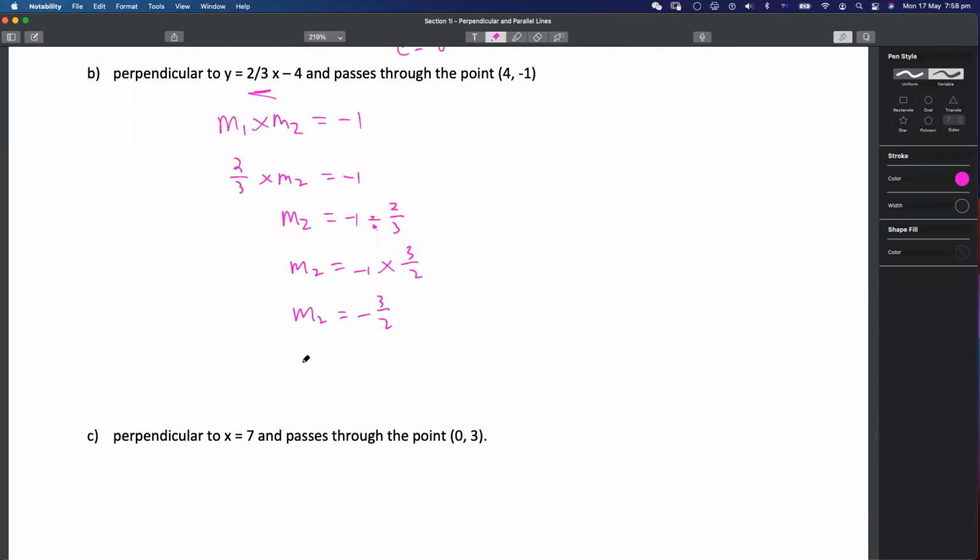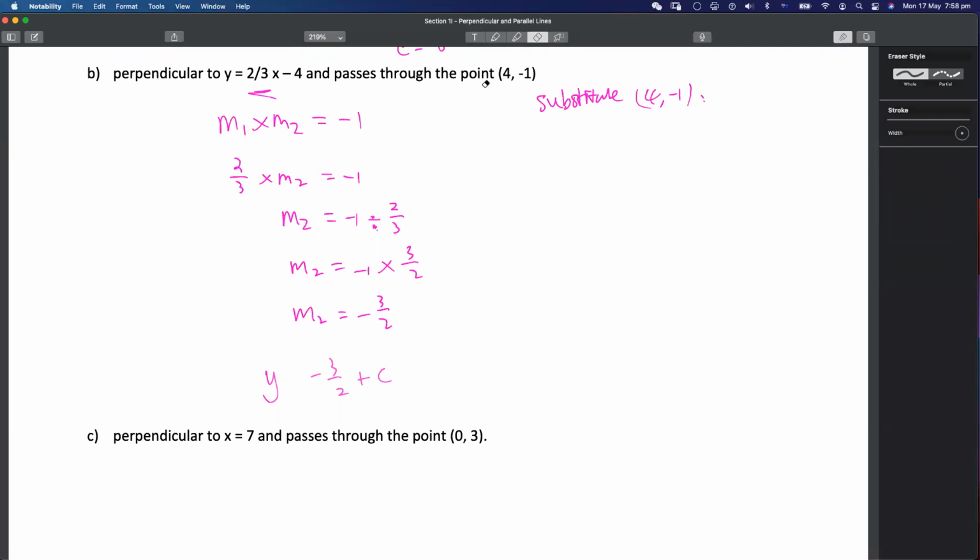Once we got here, we're going to do exactly the same thing as we did for the last question. So substitute 4 comma -1. We know that m2 is -3 over 2. So y is equal to -3 over 2 x plus c.